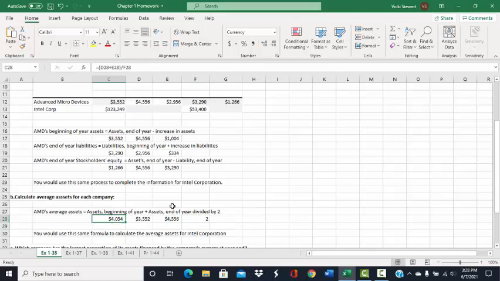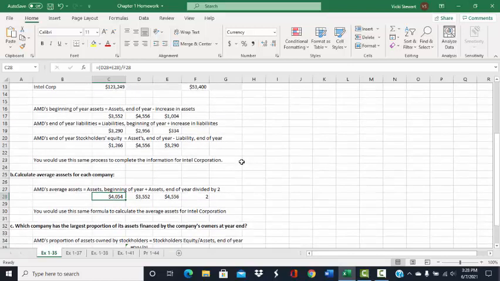My formula up here is taking the beginning of the year asset amount from the chart, the end of the year asset amount from the chart, and dividing it by 2. So now we have our average assets. And you will need to do the same thing for Intel after you have your chart completed.